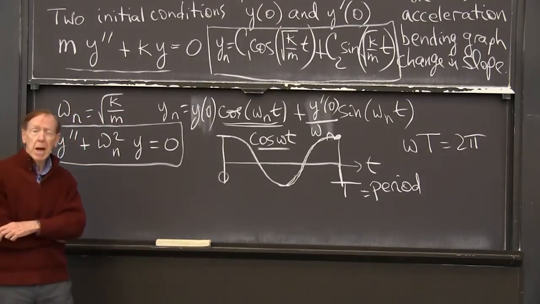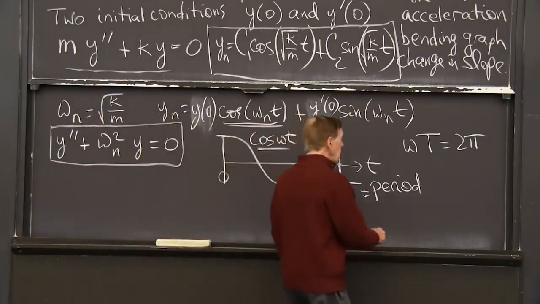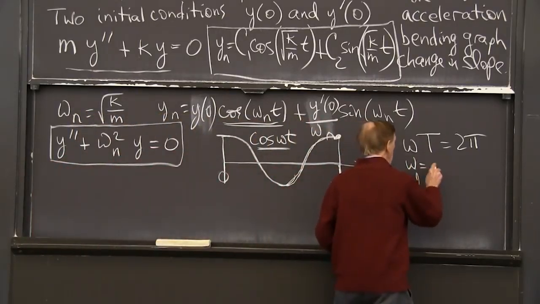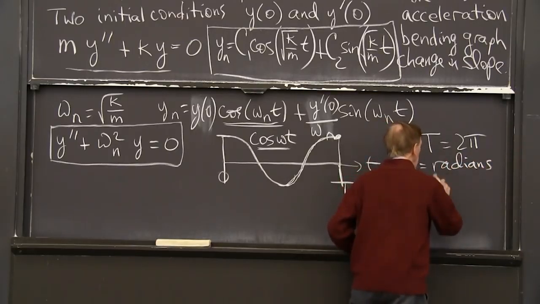I think of omega as the circular frequency. Omega is in radians per second.